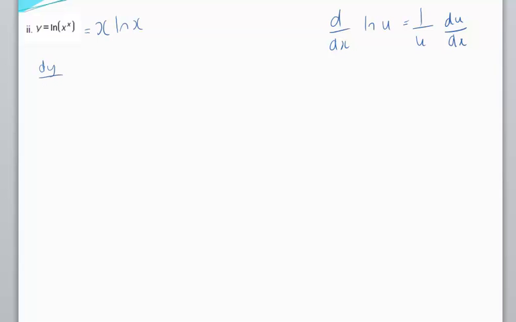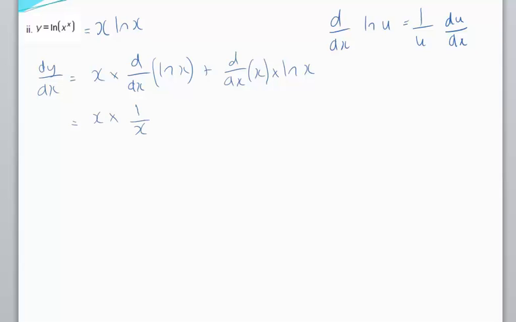So for dy on dx, we're going to be bringing our product rule into this. It's x times d on dx of the natural logarithm of x, plus d on dx of x multiplied by the logarithm of x. So x times, for the natural logarithm of x, it's going to be 1 on x multiplied by du on dx.